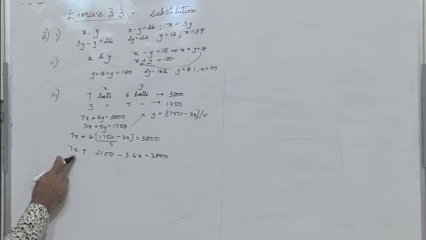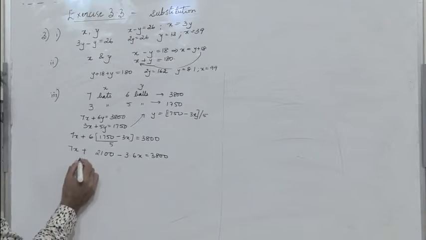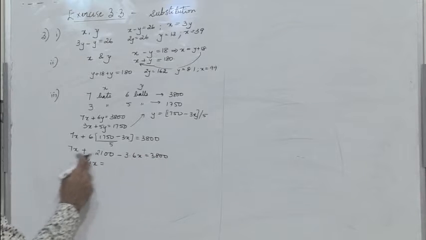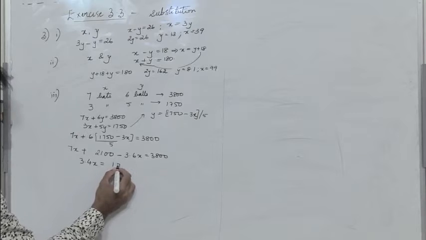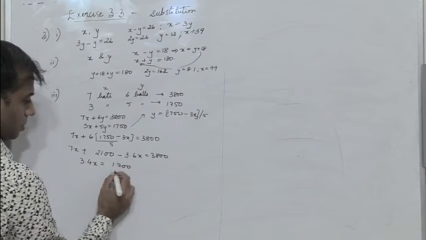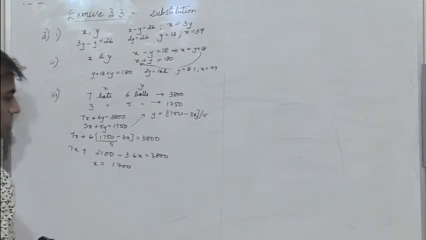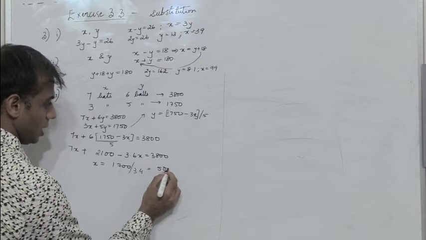Alright, so here 7 minus 3.6, which is 3.4x, equals 3800 minus 2100, which is 1700. So x is 1700 by 3.4. So x is 1700 divided by 3.4, which gives me 500.